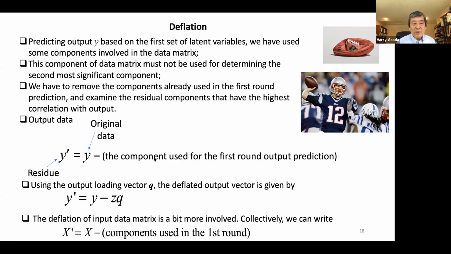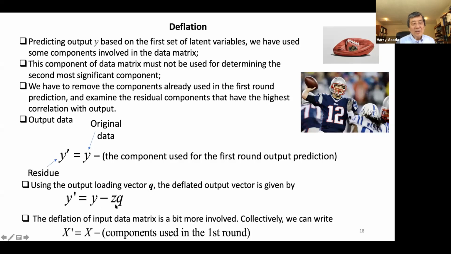So, multiplied with the score Z, in the input space, every vector X inner product with the unit vector V, and taking the inner product, you get the score Z, right?